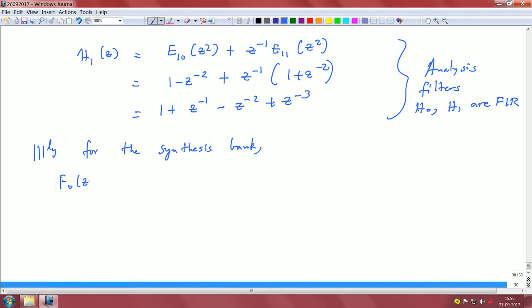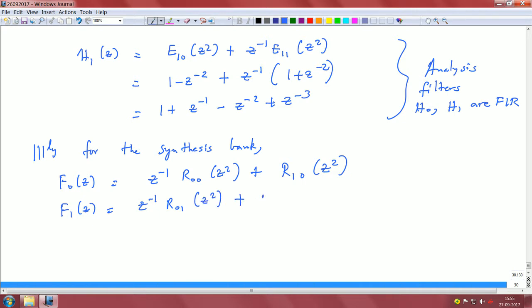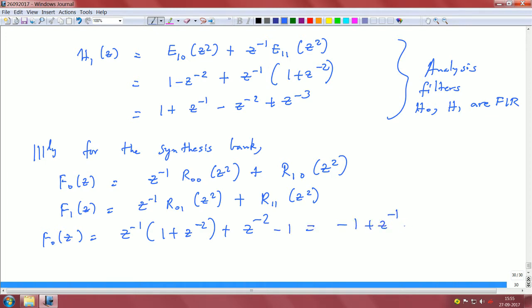So we get f naught of z is z power minus 1 r naught naught z square plus r 10 z square, and f1 of z is z power minus 1 r naught 1 z square plus r11 z square, and you plug in, you get f naught of z is z power minus 1 times 1 plus z power minus 2 plus z power minus 2 minus 1, which is minus 1 plus z power minus 1 plus z power minus 2 plus z power minus 3, and f1 of z is, you do the math, you will land up with this equation.